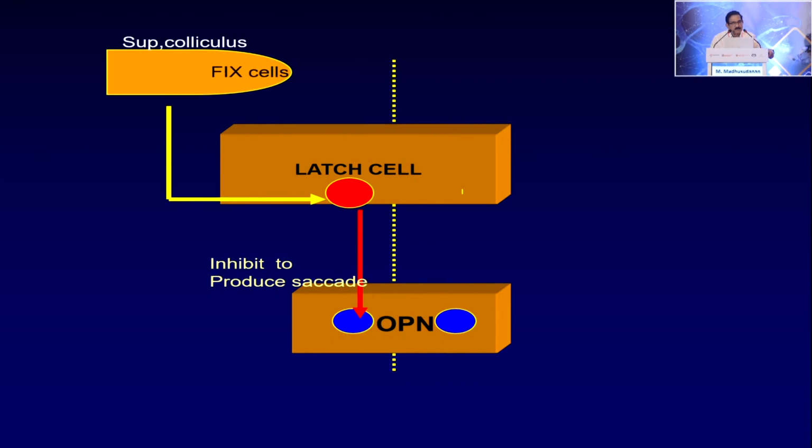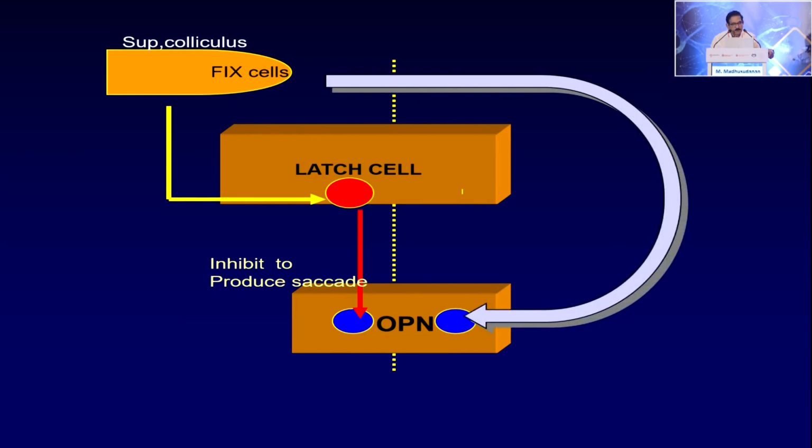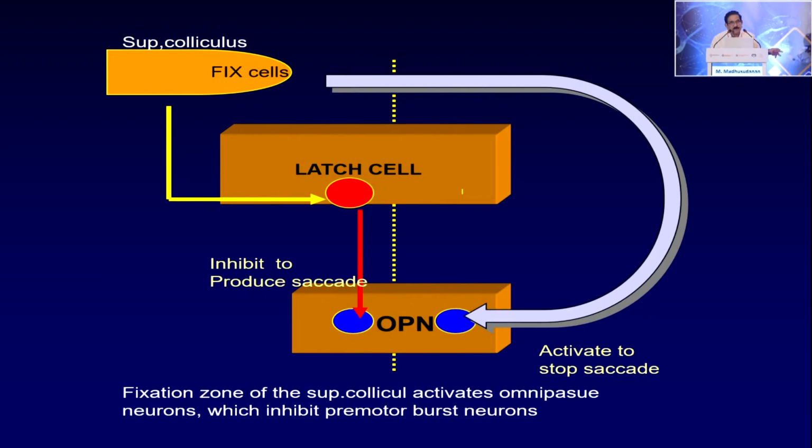The other group of neurons in the superior colliculus, the fixation cells, which directly activate the OPN, get activated to stop the saccade. So the superior colliculus coordinates with the OPN to initiate or stop the saccade.